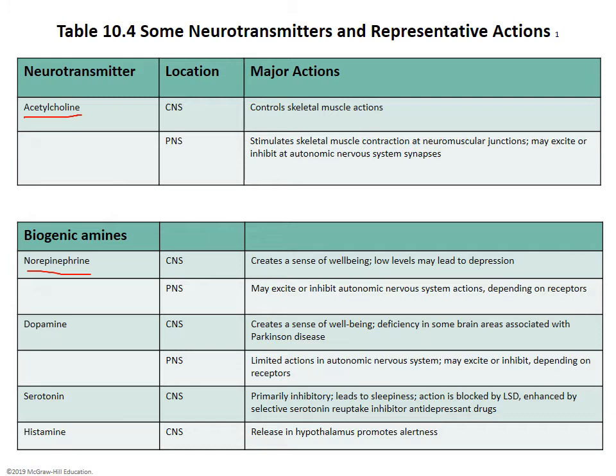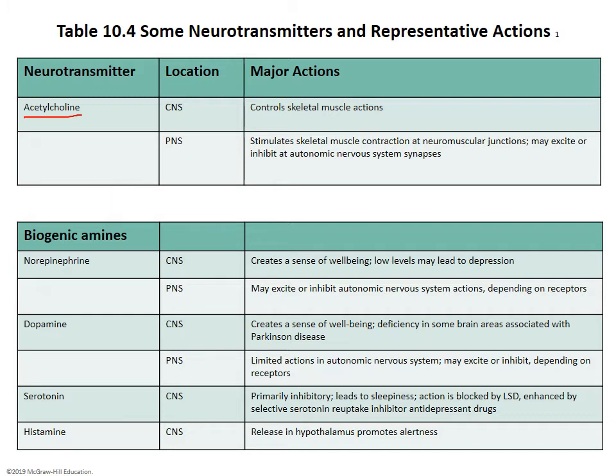Remember, adrenaline: ad means above, renal means kidneys. That means above the kidneys. Well, epi means above. Nephron is the functional unit of the kidneys. So epinephrine and adrenaline are basically the same thing.